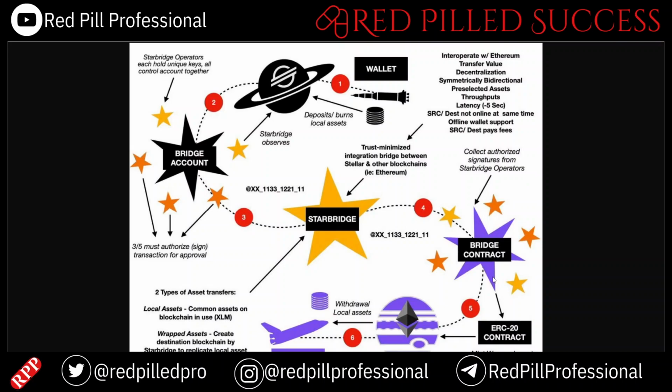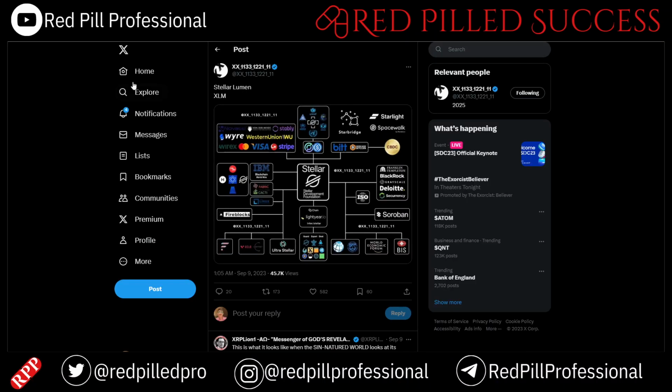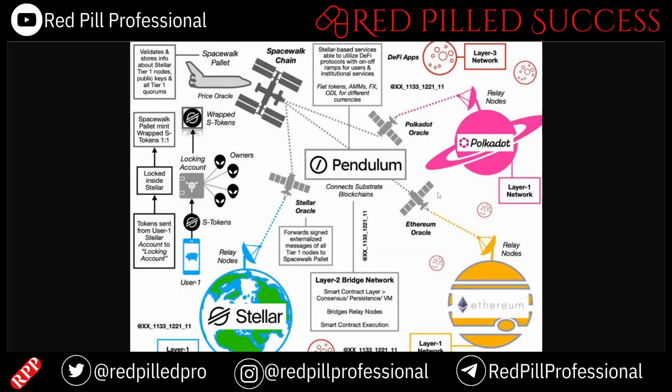And then you deploy that contract on the Ethereum network. You would turn that XLM into wrapped XLM essentially, and then that could be put out onto the Ethereum network for a wallet that ties in with that. That is something else, but this ties into Spacewalk.